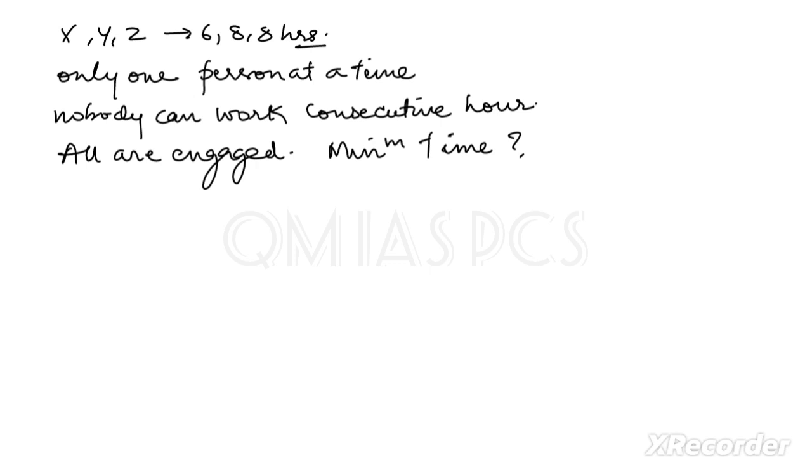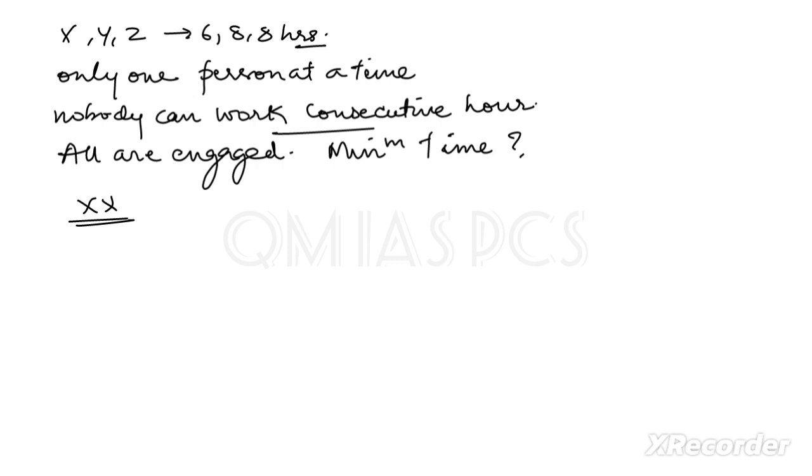So look at this question. It's very easy as well as very logical. I'm reading the question: X, Y, Z can complete a piece of work individually in 6 hours, 8 hours, and 8 hours respectively. However, only one person at a time can work in each hour, and nobody can work for 2 consecutive hours. Like if it is given X and X, they are not working in consecutive hours.